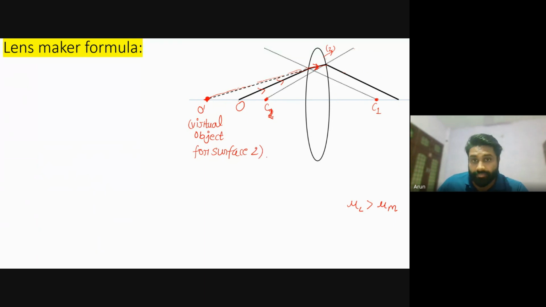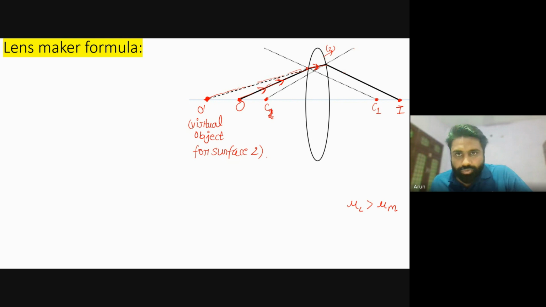Okay, write this. The final image we have here, this is the eye. So you keep this point. This O dash is the virtual object for which surface? For surface 2, not for surface 1, because for surface 1 the rays coming directly from this would behave as the object, and this is the actual object for surface 1.